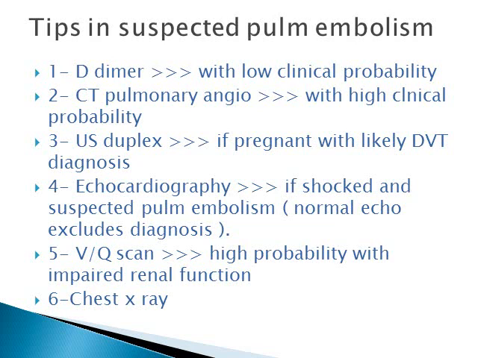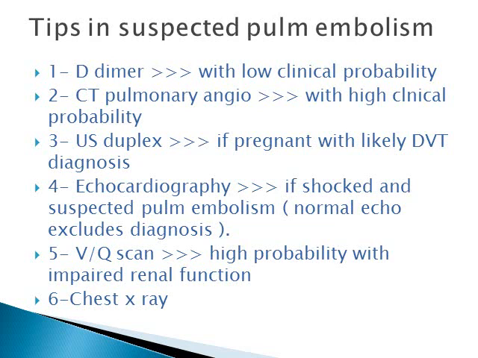The other investigation is CT pulmonary angiography. Almost always CT pulmonary angiography is your choice when the question asks about the definitive diagnostic test. So the definitive diagnostic test in a patient with suspected pulmonary embolism is almost always CT pulmonary angiography, especially if the patient has a high or intermediate clinical probability.